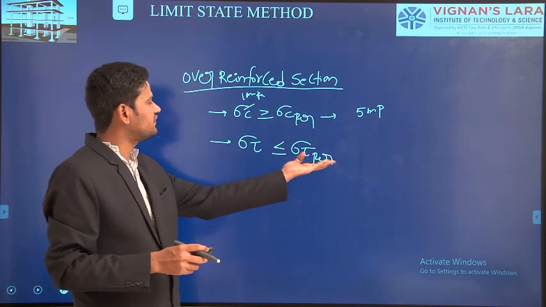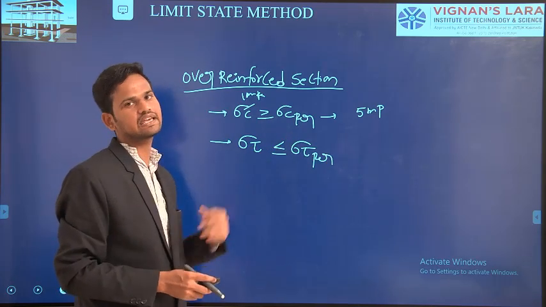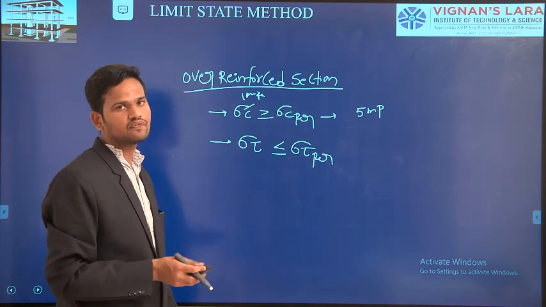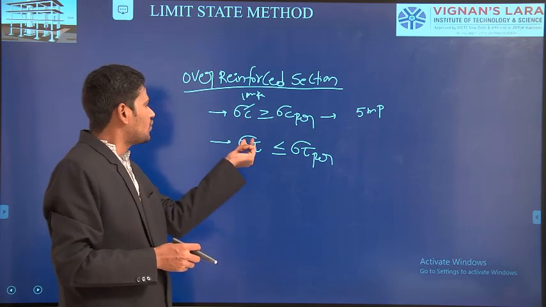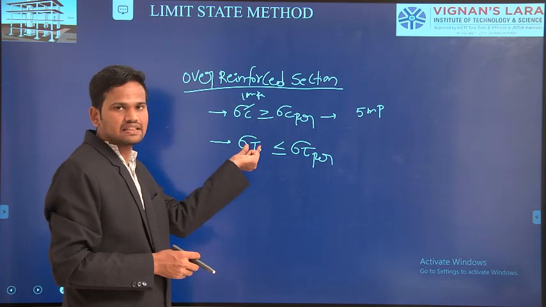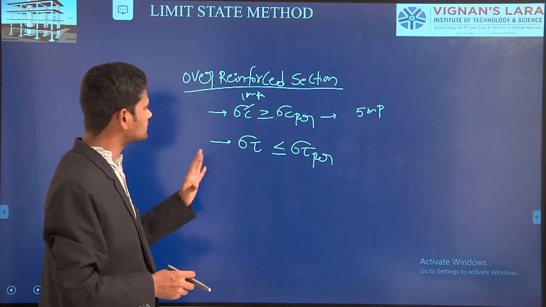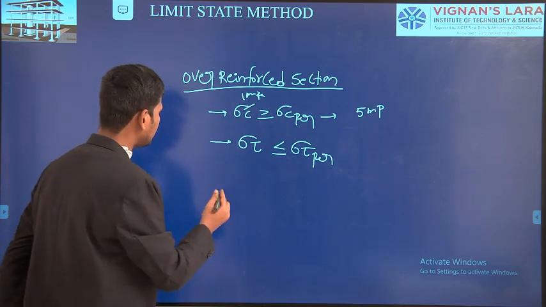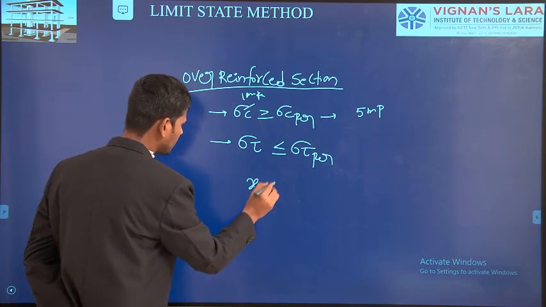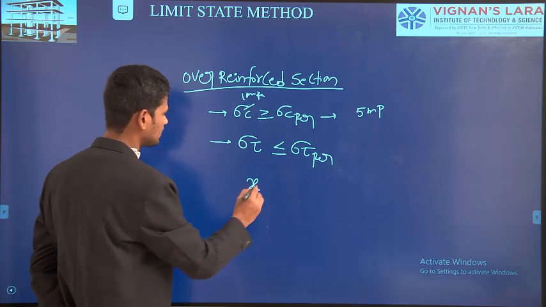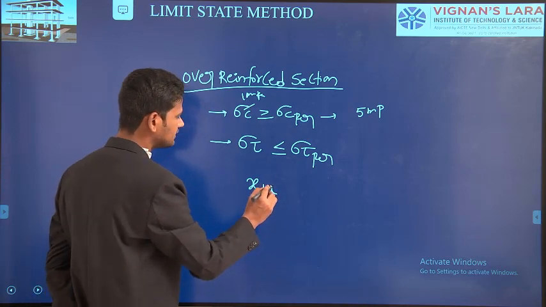Suppose the steel can take a permissible stress of 140 Newton per mm square, whereas the tensile stress in the steel will come to only 100 Newton per mm square. That is the concept.